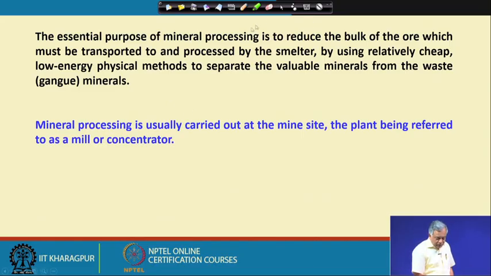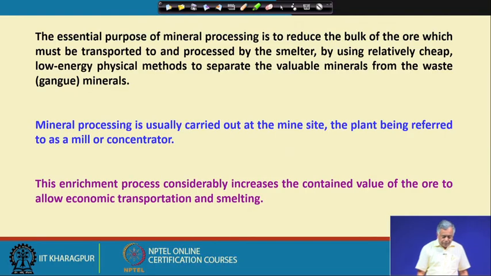When these separation processes are carried out at the mine site, we call the plant a mill or concentrator, and this enrichment process considerably increases the content value of the ore to allow economic transportation and smelting.